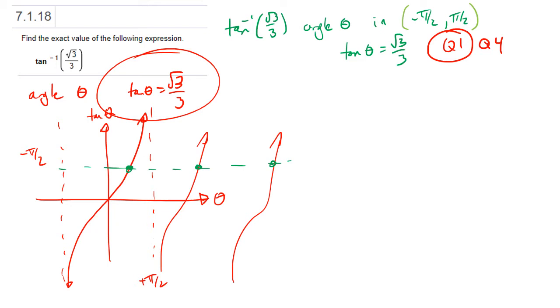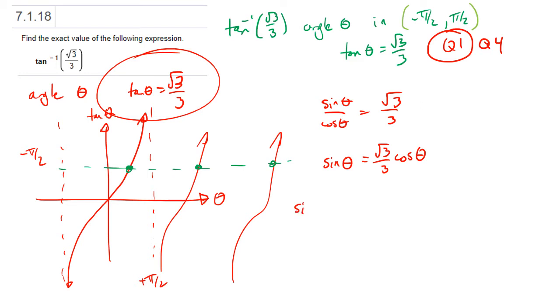So what we want is an angle so that the sine of theta over the cosine of theta is √3/3. Here I can say that the sine of theta is equal to √3/3 times the cosine of theta, by multiplying both sides by cosine.